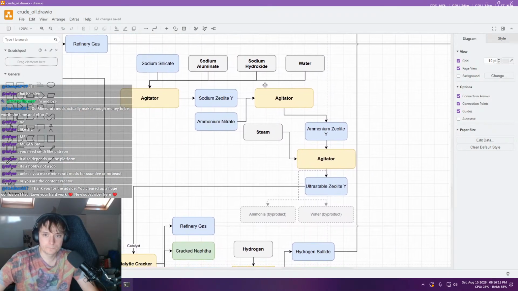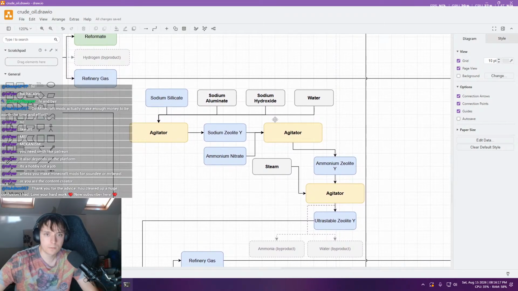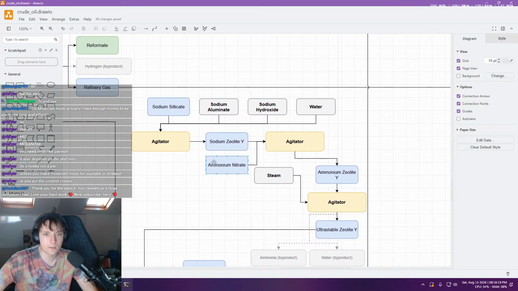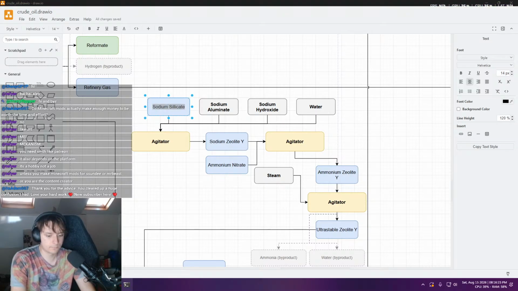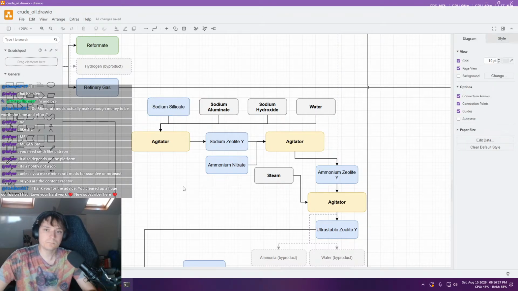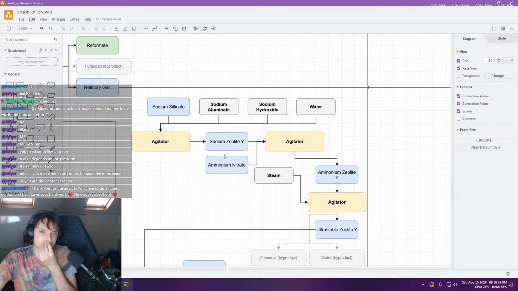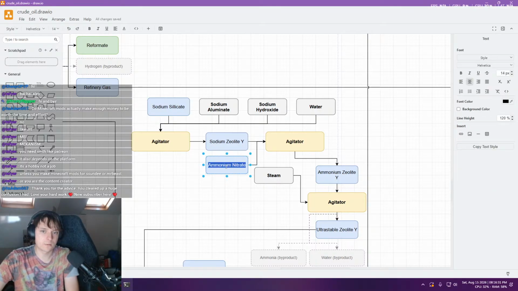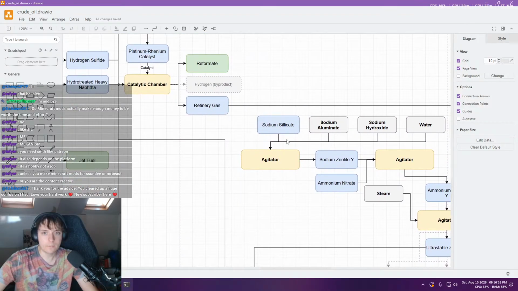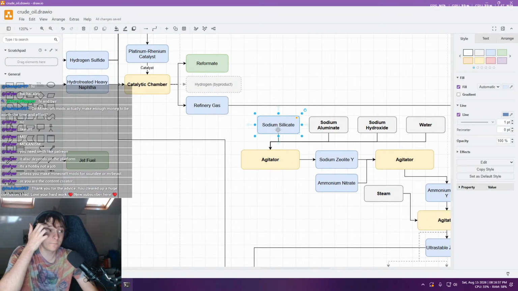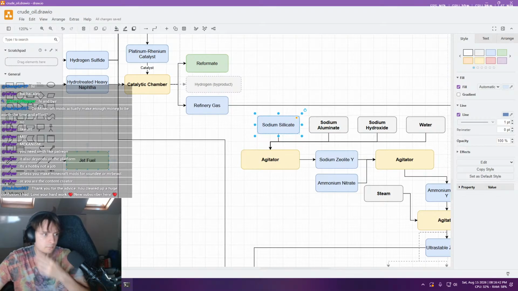Okay. Does this all make sense? This all makes sense. The only thing then is ammonium nitrate and sodium silicate. And I think we start with sodium silicate because I think it's not hard.